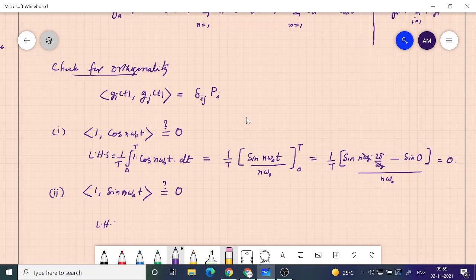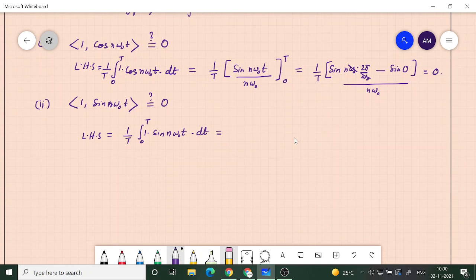So again LHS is 1 by T integral 0 to T, first function which is 1 into second function conjugate, because these are real functions, sin n omega 0 t dt. Same approach. Now if I want, I can write this T also as 2 pi by omega naught, so I will get omega naught by 2 pi.